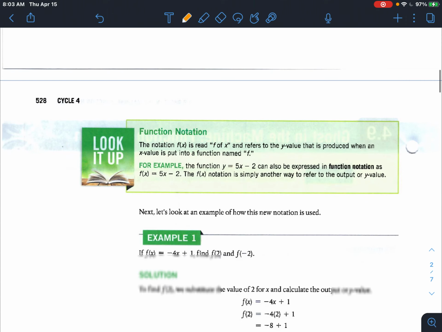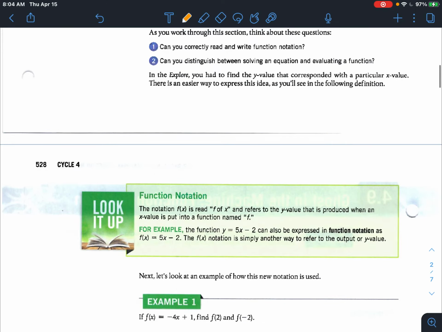You can read through those notes if you want to. Function notation is simply f of x. So f parentheses with the x refers to the y value that is produced when the x value is put into a function that just happens to be named f.